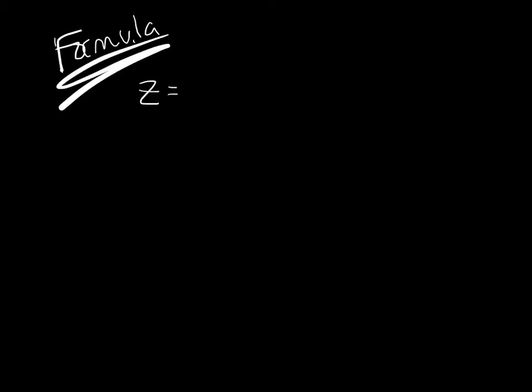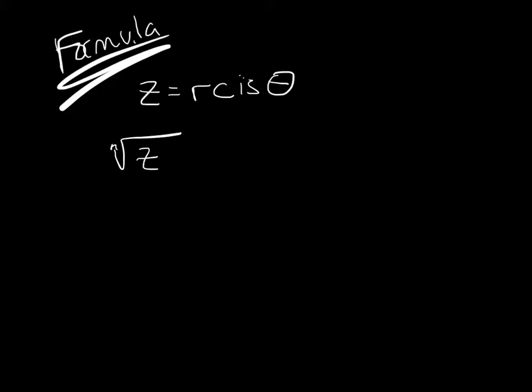Okay, so here is our formula for roots of complex numbers in trig form. If we have a complex number, r cis theta, the nth root of z can be found by taking the nth root of r cis, and now we're going to play around with theta a little bit.